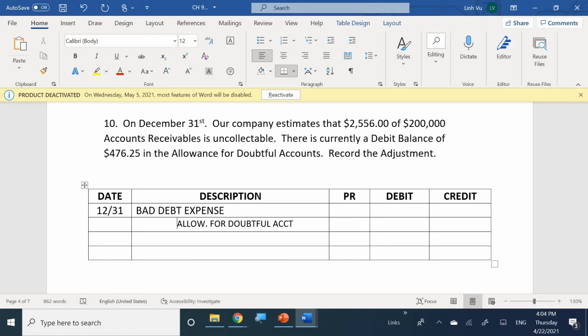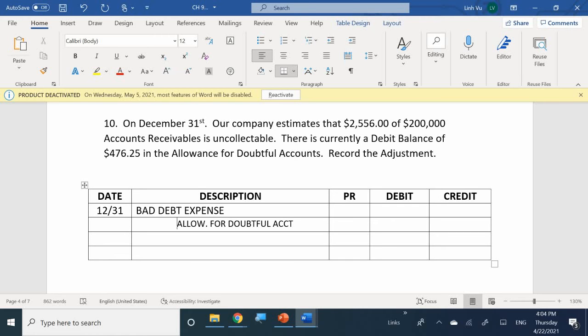Well, it's the balance of the allowance for doubtful accounts for one. $2,556, because the other one's just the balance. Are we going to subtract the 476 from the 2,556? Okay, let's do one question at a time.